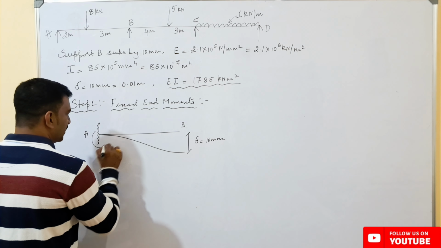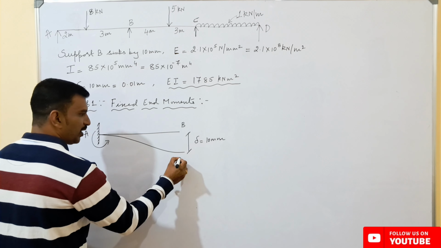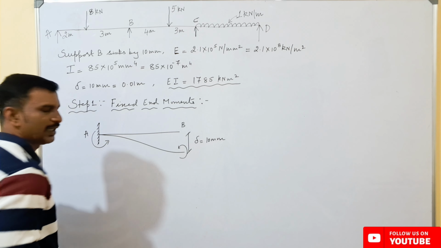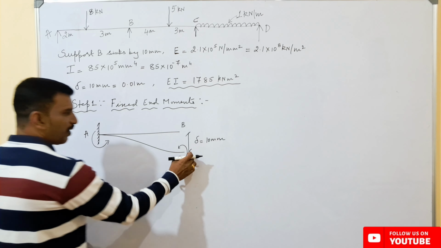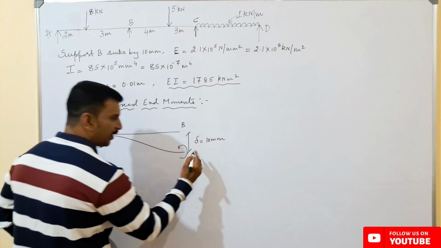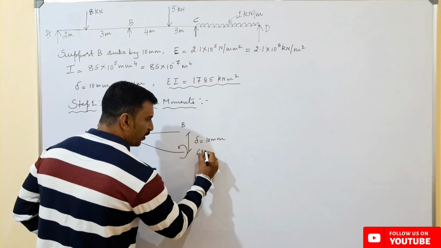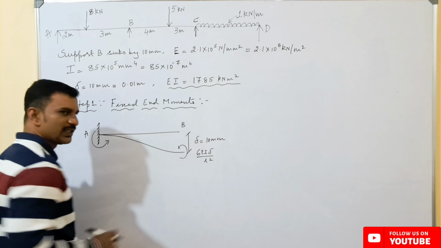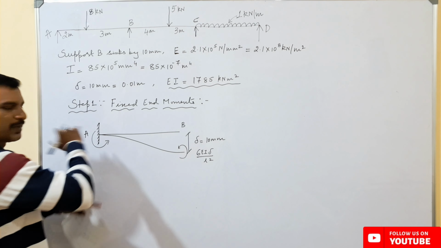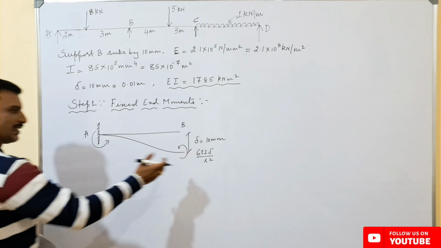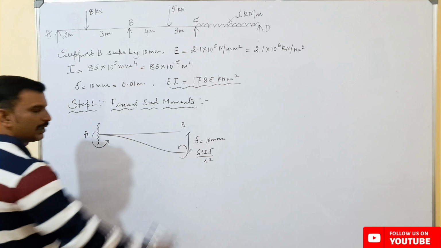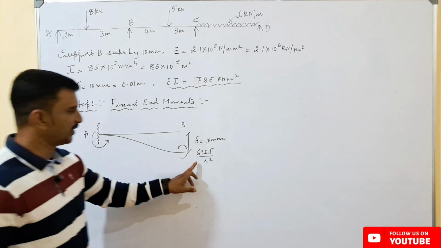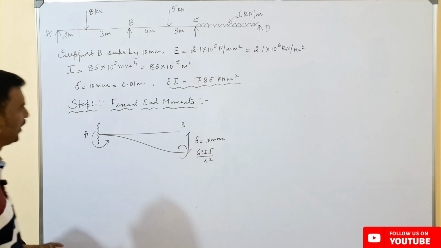So here, which is in the anti-clockwise direction, here it is anti-clockwise direction. So here, if we are considering the effect of sinking, we know the formula, which will be equal to 6EI delta upon L square. Since it is anti-clockwise negative here from B to A, so we have to consider the sinking of supports, the value which is 6EI delta upon L square as negative.